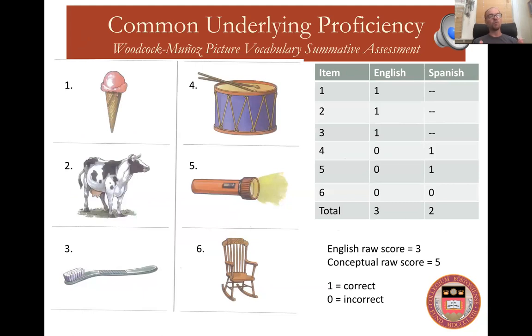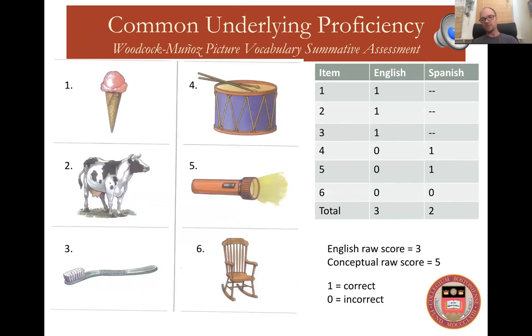Now, if we're thinking about a common underlying proficiency, you go back to that same assessment. So now you see the score sheet on the right. You have items 1 through 6. You have the initial English score. And now what you do is you re-administer the missed items, items 4, 5, and 6. You ask, what are those in Spanish?